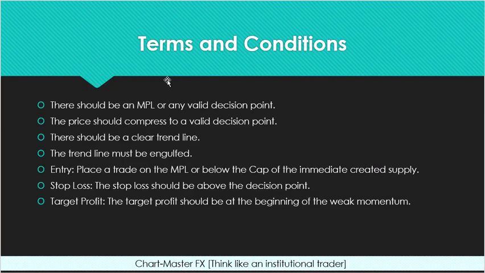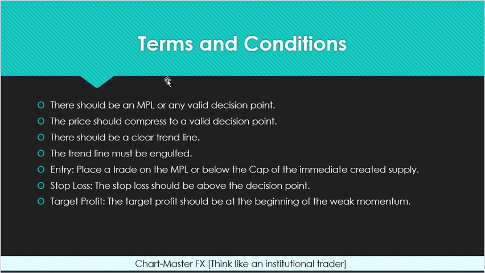So let's go to the terms and conditions of the flip trend line. There should be an MPL or any valid decision point. As I have alluded before, the price should compress to a valid decision point. There should be a clear trend line. The trend line must be engulfed. Entry: place a trade on the MPL or below the cap of the immediate created supply. I'll explain that further in one of the examples that we have.